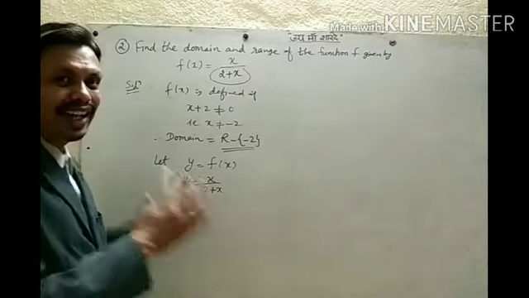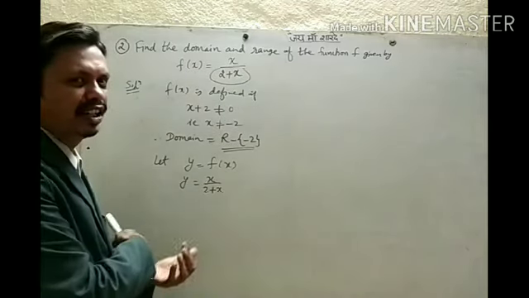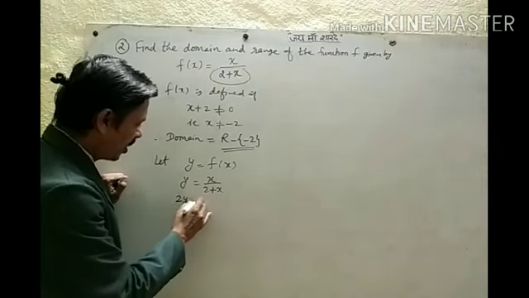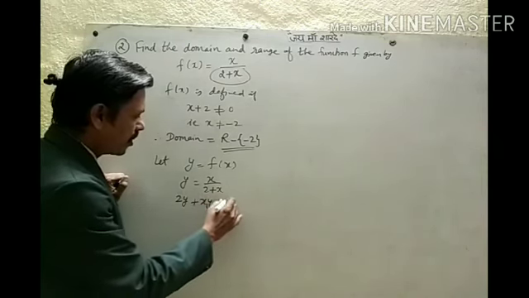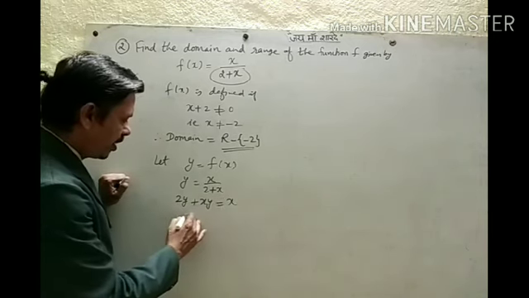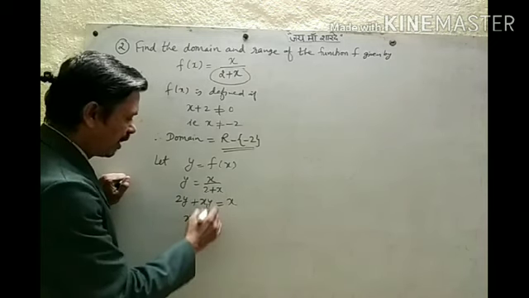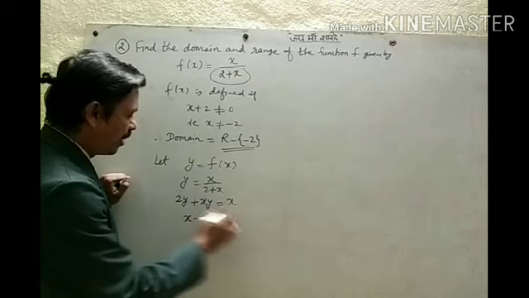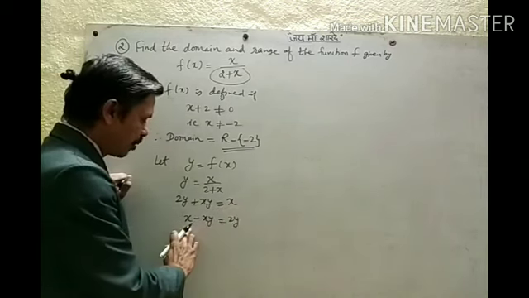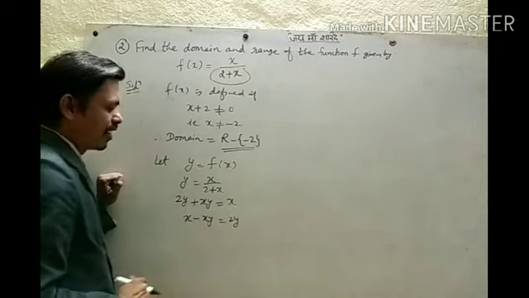Now we write x in terms of y, means all terms which contain x on one side, other terms on the other side. So just cross multiply, then we get 2y plus xy is equal to x. Cross multiplication will give this. Then I am bringing xy to this side. So x as it is positive, xy becomes negative, and 2y stays on this side only as it is.